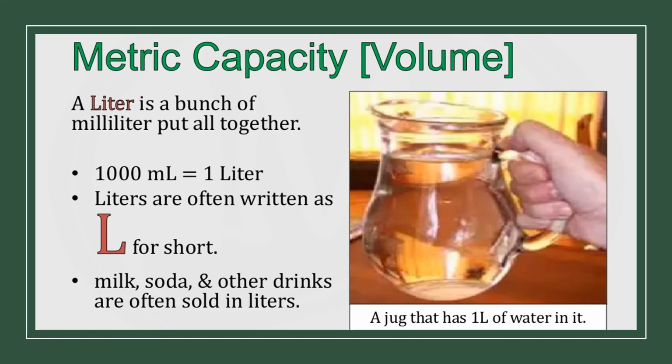Like I earlier told us, 1000 milliliters make 1 liter. Liters are often written as capital L. Okay, milliliters are written as, can you remember? ml. And liters are written as L for short.